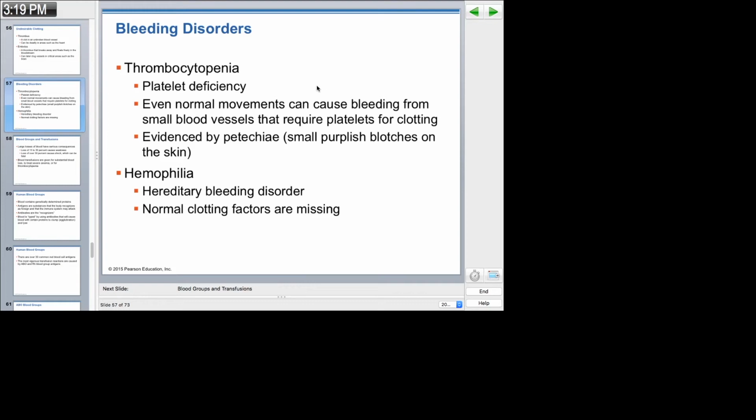So in not being able to create blood clots, what you'll see is blotches on the skin of a person who has this because they simply just don't have enough platelets to stop bleeding. Another version of a bleeding disorder is hemophilia. There's several different types of hemophilia. You can find this, again, page 342 in your textbook. Know it, study it for the test.